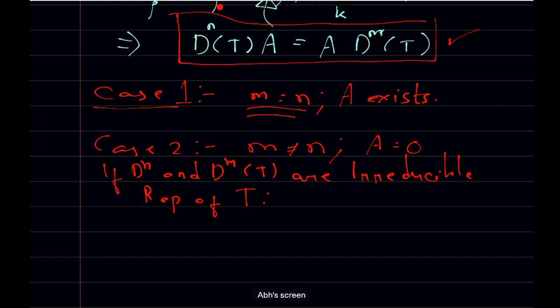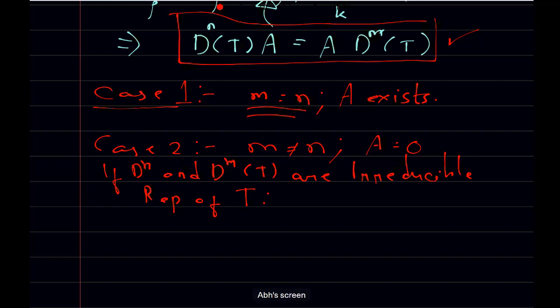If one representation is in higher dimension and one is in lower dimension, then can I find a similarity transformation of the higher dimensional complicated representation such that when I reduce it, the matrix will have the lower dimensional representation sitting in one corner? So this is the whole idea.